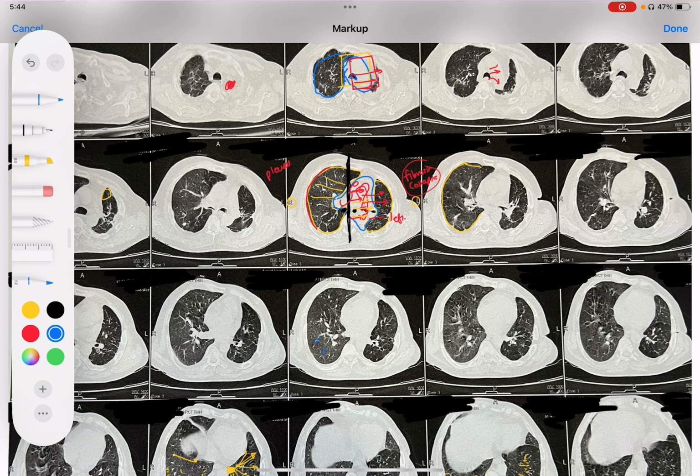So bilateral restrictive lung disease was there, and because of the extensive left upper lung consolidation getting complicated into fibrosis, that caused mediastinal shifting, trachea shifting towards the left side.